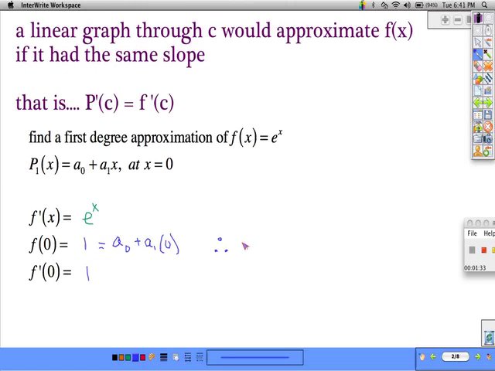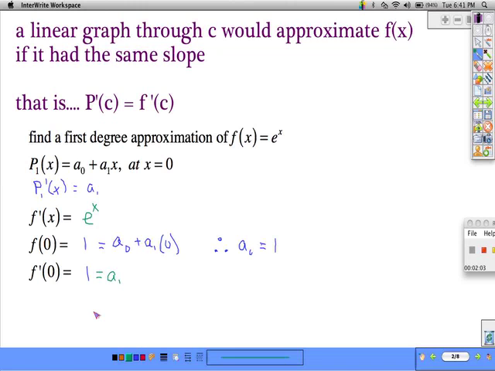Therefore, a sub 0, the y-intercept of this line, would have to be equal to 1. The derivative of p is equal to a sub 1. So my derivative evaluated at 0 of the function and the derivative of my polynomial evaluated at 0 have to be equal.